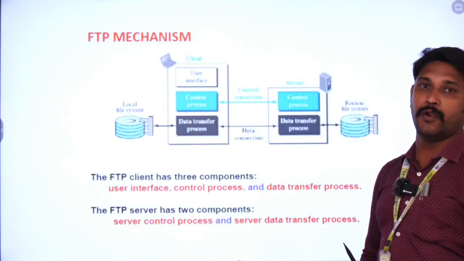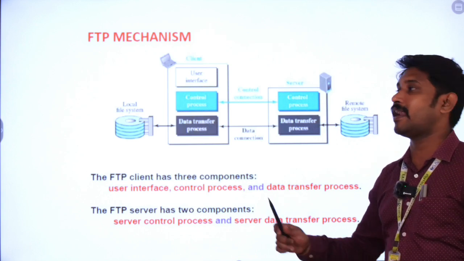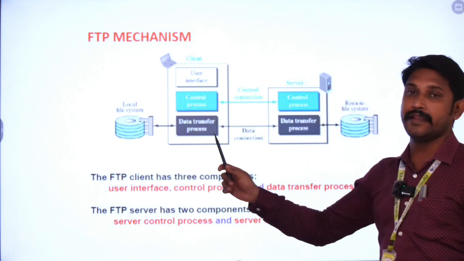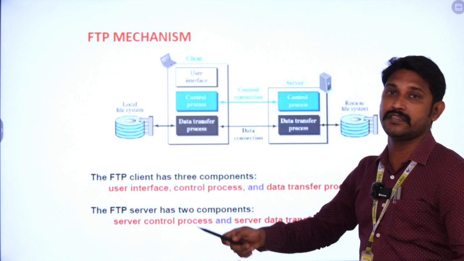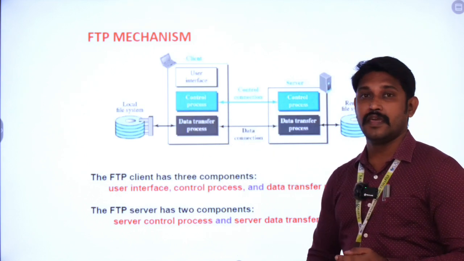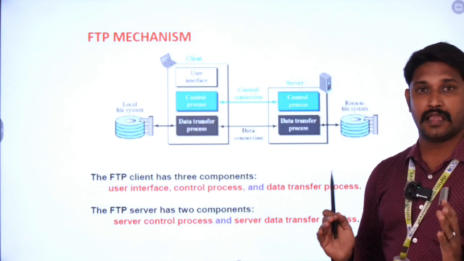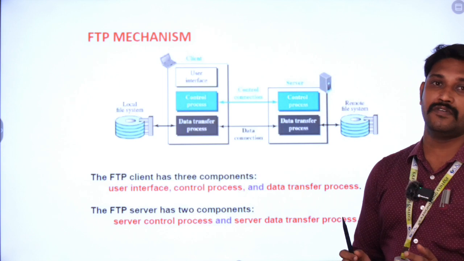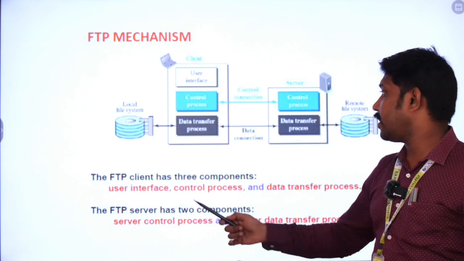So actually we are going to see the exact mechanism of how the file is transferred from client to server and server to client. First we have a client machine. In the client machine you will have a user interface where you can design the front end part, and you have a control processor. The control processor makes the transaction complete, and the data will be transferred from server to client or client to server without any packet loss.